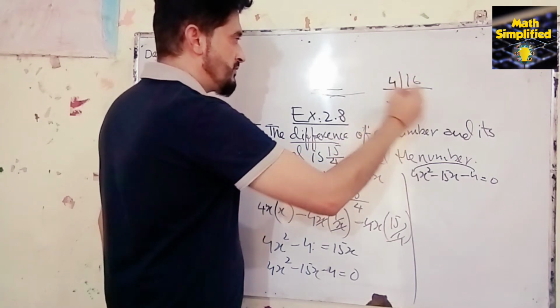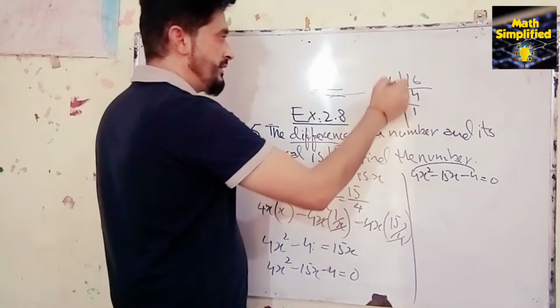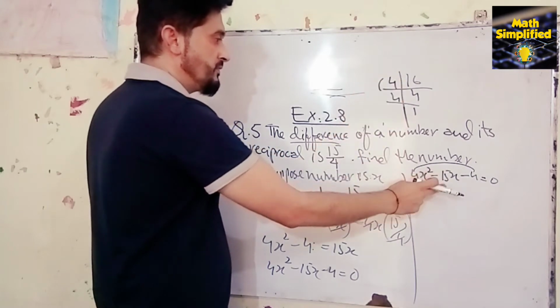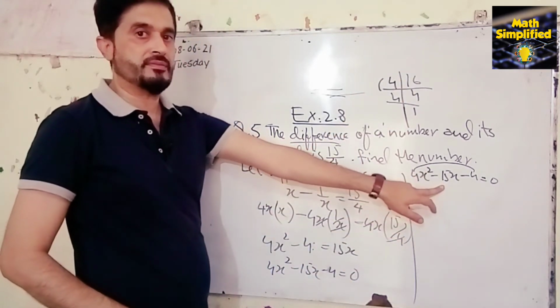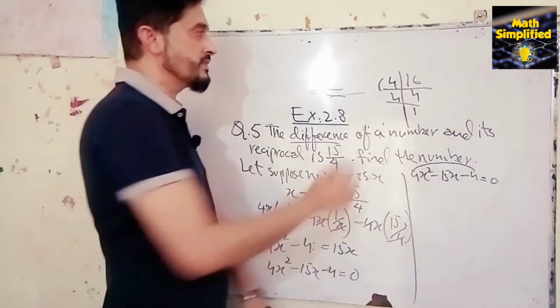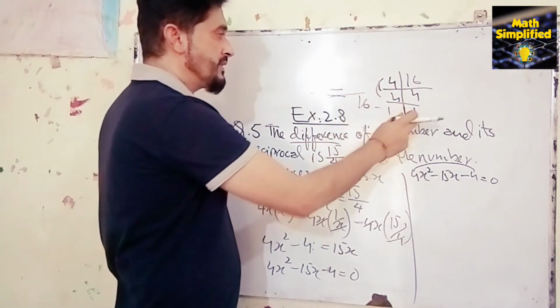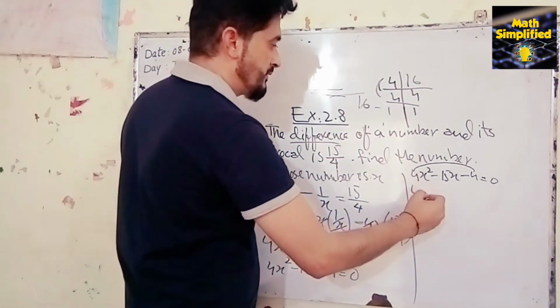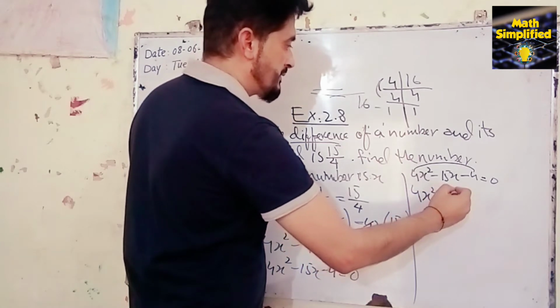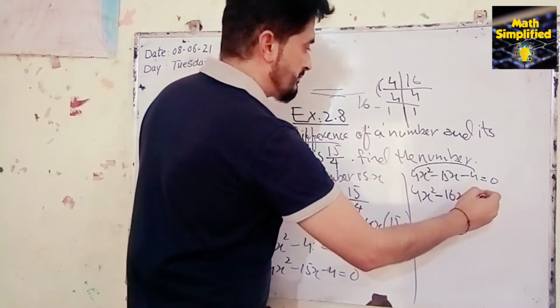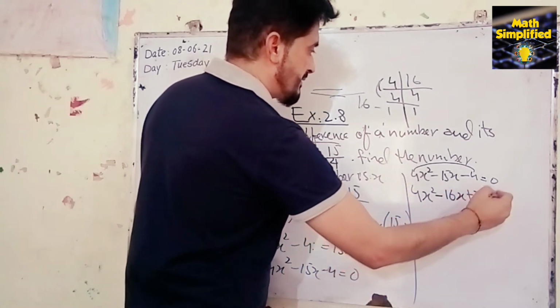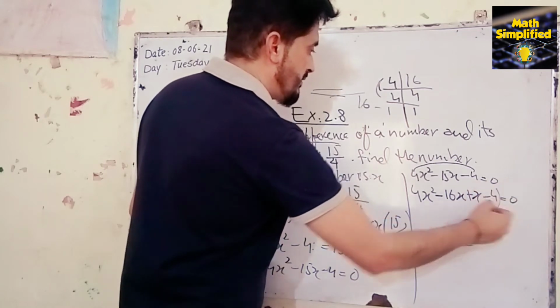4 4s are 16, 4 1s are 4, but we have to find factors in between that give 15x. So 4 4s are 16 minus 1: 16x plus x minus 4 is equal to 0.